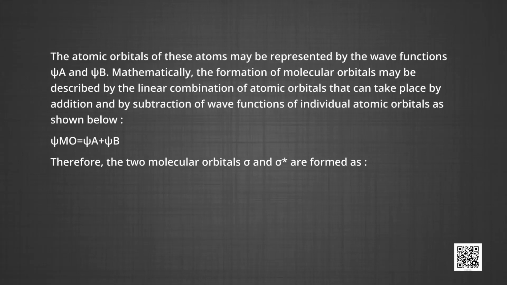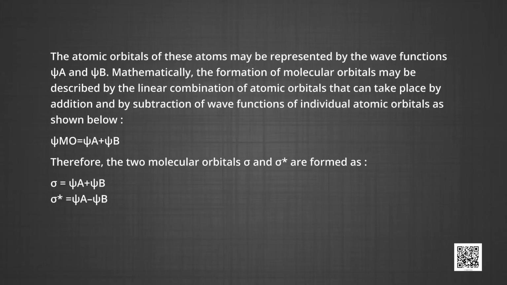Therefore, the two molecular orbitals sigma and sigma star, that is sigma antibonding, where the star depicts the antibonding, are formed as follows. Sigma equals psi A plus psi B. Sigma bonding orbitals are formed by constructive overlap between atomic orbitals.